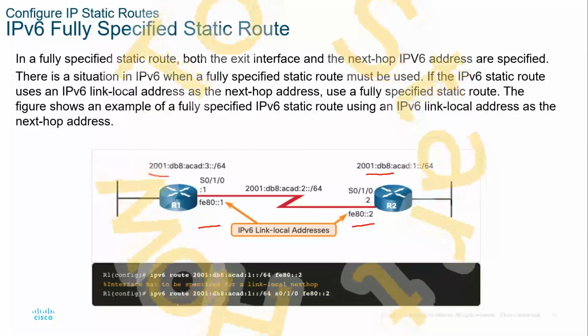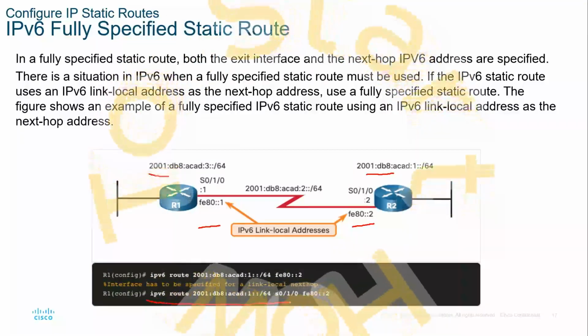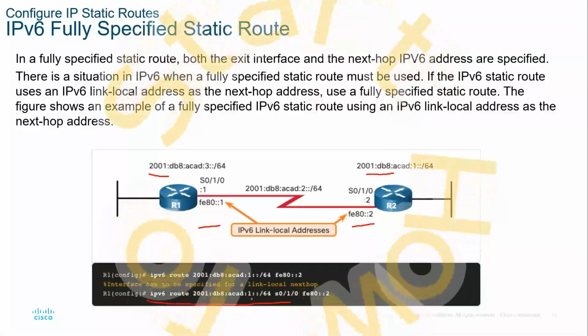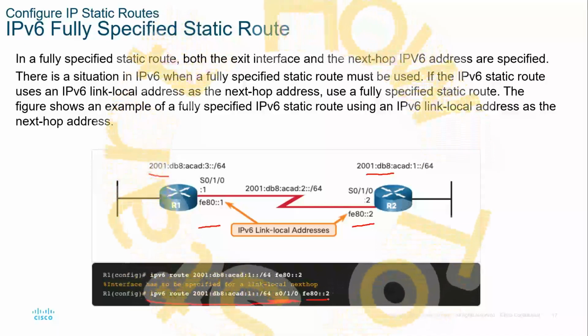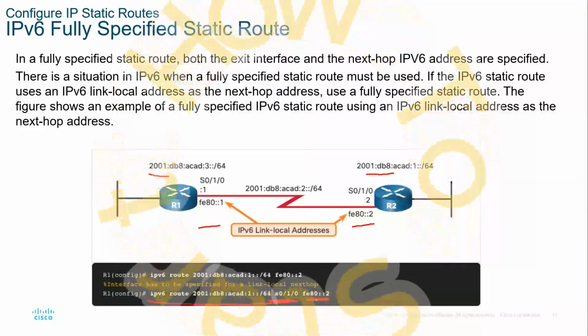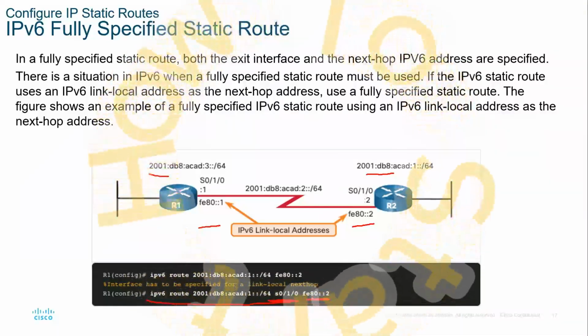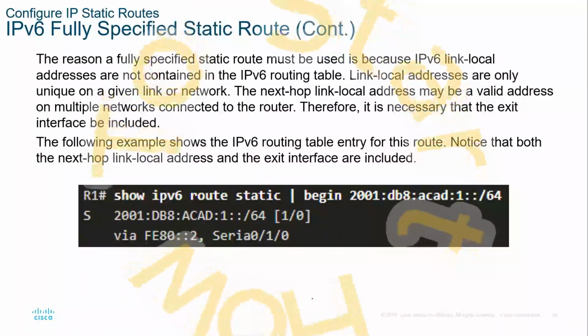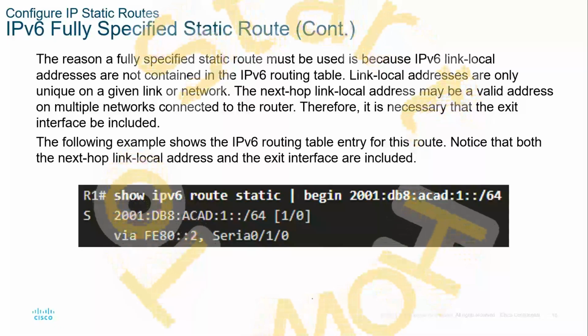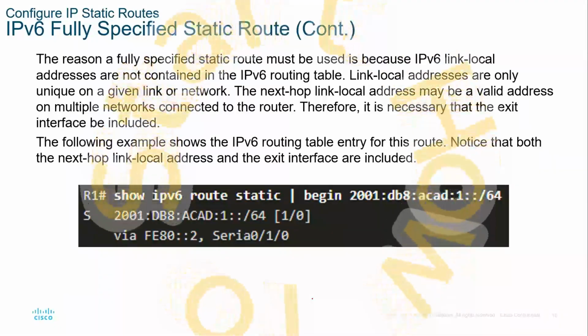So here we'll see ipv6 route, the address to match, out the serial interface, and it will go to the link local address. Fully specified static route, again, this is just the IPv6 version of it.